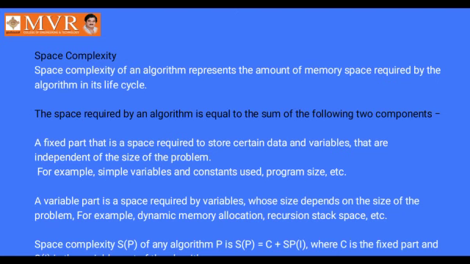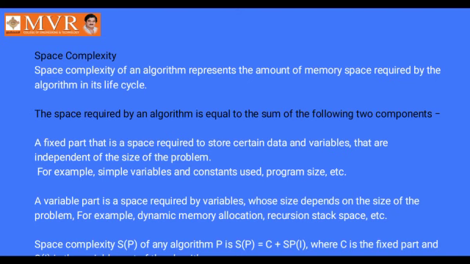The space complexity of an algorithm is given by S(P) = C + S_P(I). This mainly depends upon the space required by the variables or data that are independent of the size of the problem. That is a fixed part: the space required to store certain data and variables, that is, the simple variables and constants used in the program.